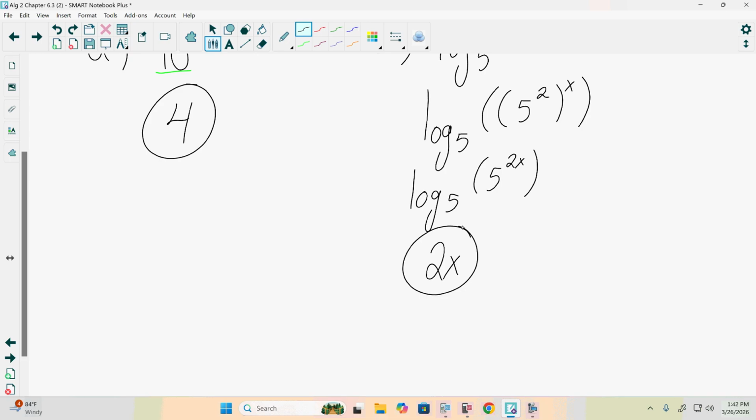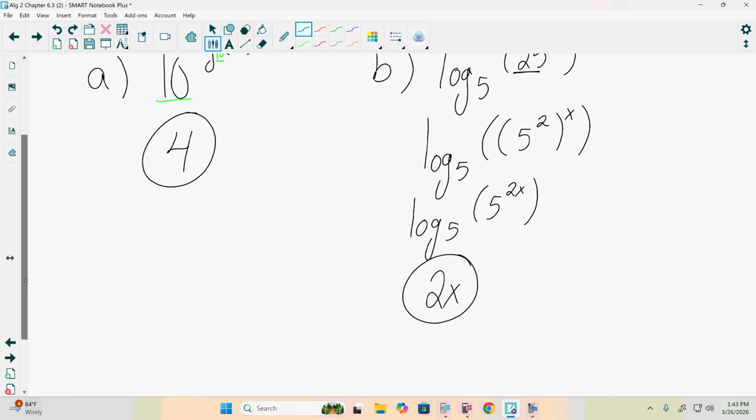Because log base 5 of 5 is 1, and we'll get into it tomorrow with our properties of exponents and logarithms, that exponent we can throw to the front. So it's really 2x times log base 5 of 5. Log base 5 of 5 is 1, so it's just 2x. And this is going to be very helpful, especially once we start solving, to be able to get stuff out of the exponent and start working with it.